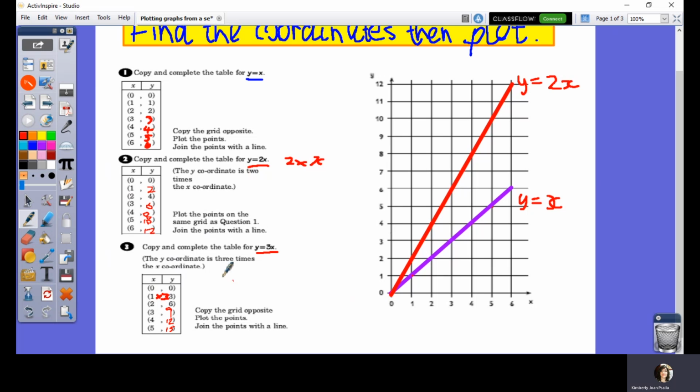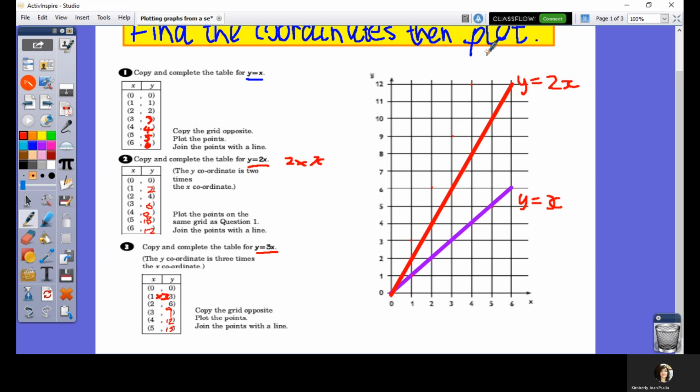Now we have to plot our points. We have 0, 0 again, always starting from the origin. 1, 3: 1 on the x-axis, and you go up 3. 2, 6: go up 6. 3, 9: go up 9. 4, 12, and then we have 5, 15.